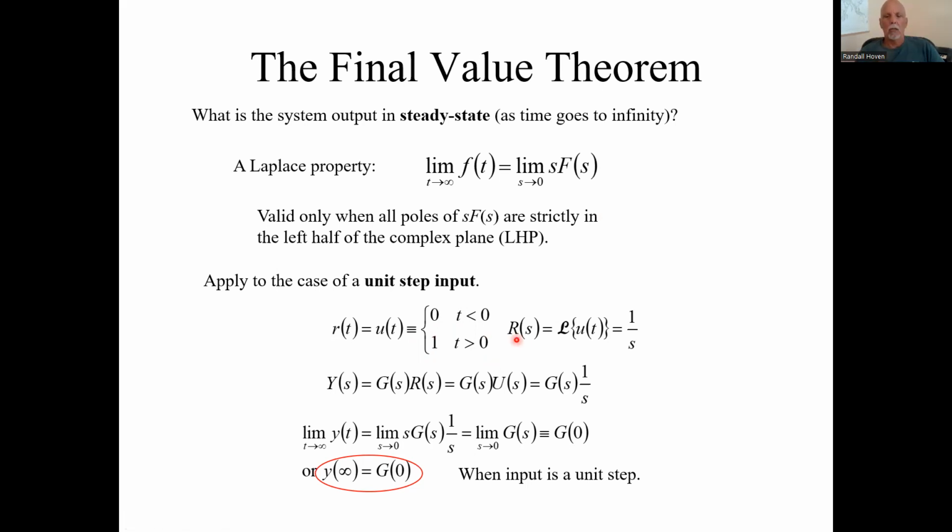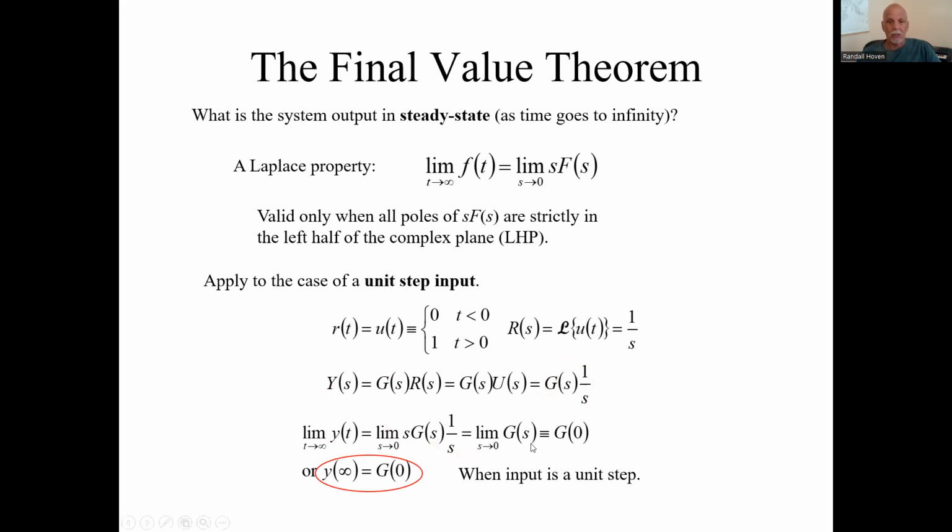Well, the Laplace transform of a unit step is just 1 over s. You look at the output, it's the transfer function times the Laplace transform of the input. And the input's a unit step, it's just 1 over s. That means the limit of the time function of y is s times this big Y, which is G times 1 over s.